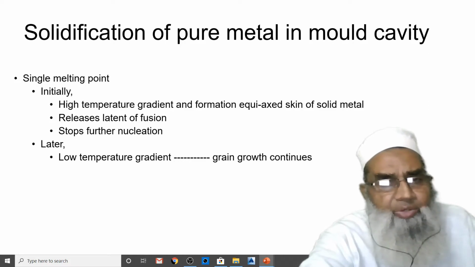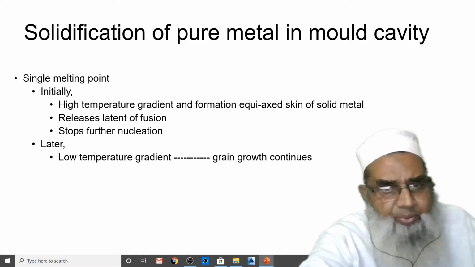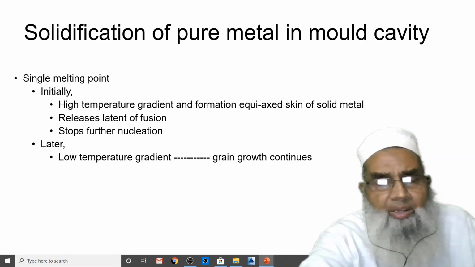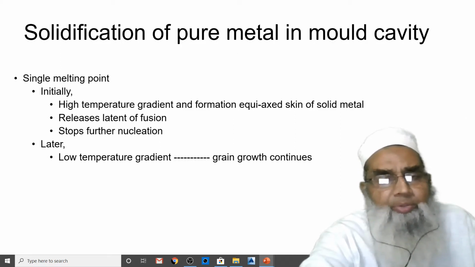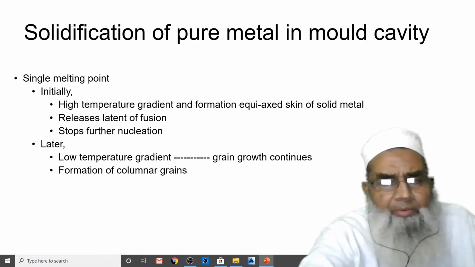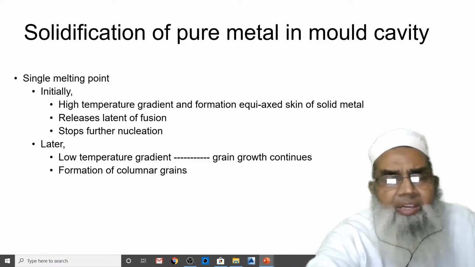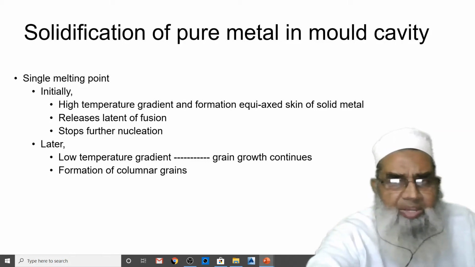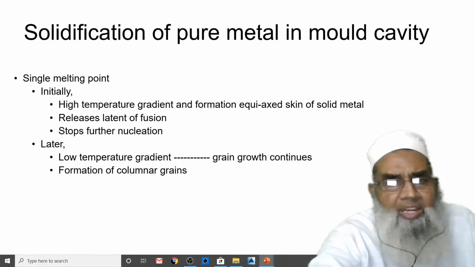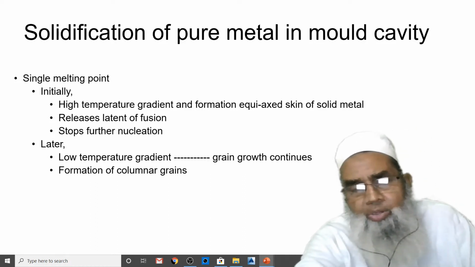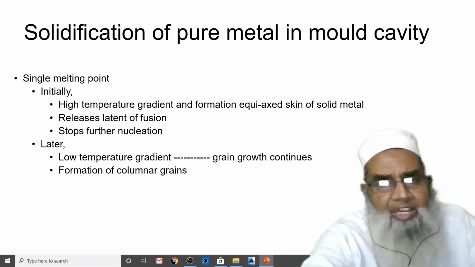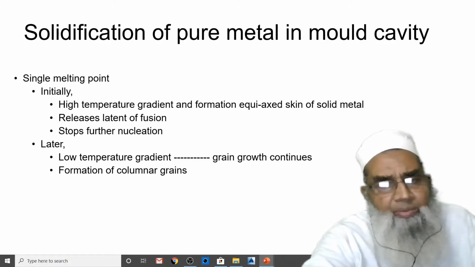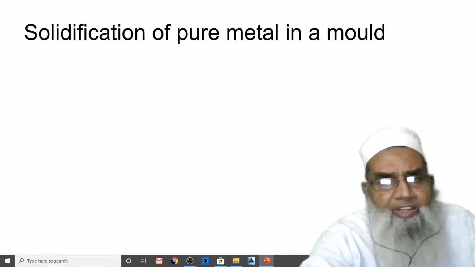Grain growth continues, and as the nucleated grains are very close, there is no way to grow other than towards the center of the cavity, forming columnar type of grains.